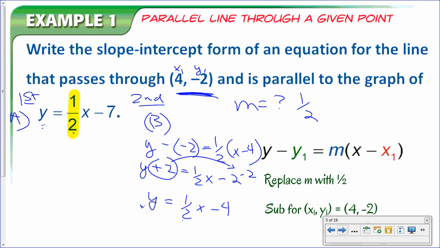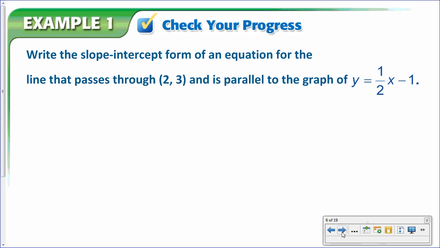Everybody see it? Pretty easy, right? Any questions? Okay, look at 2, or write that down.